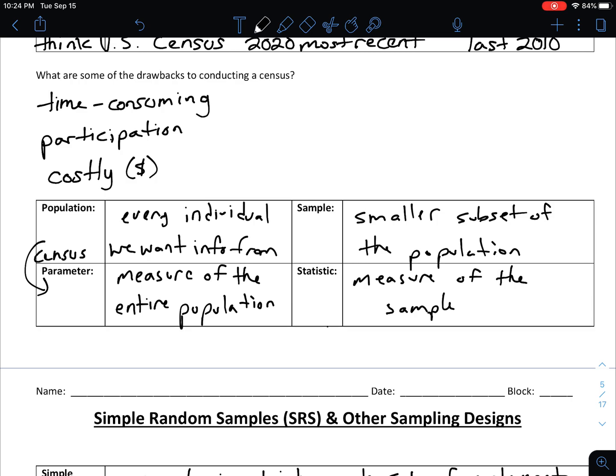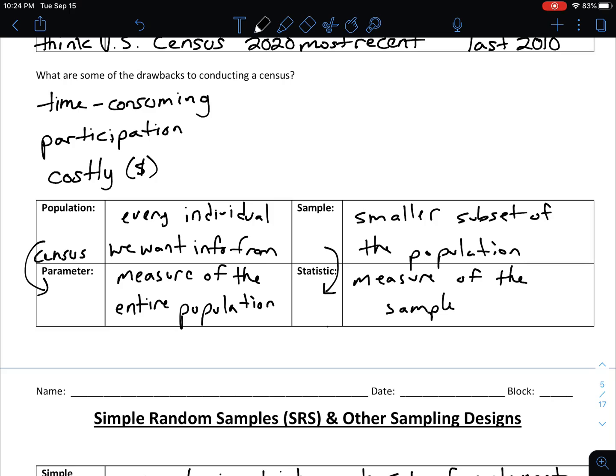On the other side of things, and what we were focused on today, was this idea of sampling. So a sample is a much smaller subset of the population, meaning we're not looking at everyone, we're just looking at one piece. When we conduct a sample, we get what's called a statistic. And so a statistic is a measure of whatever sample we took.